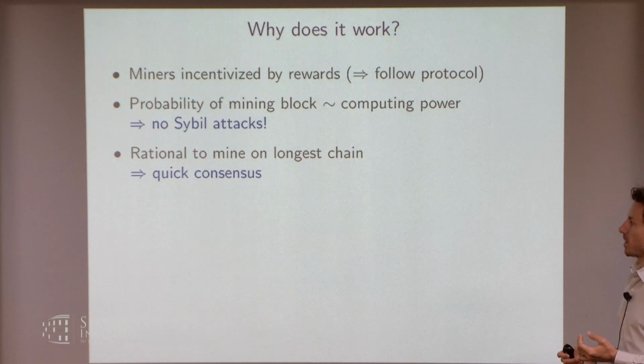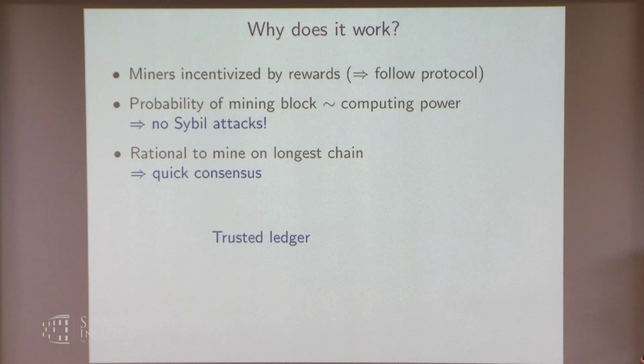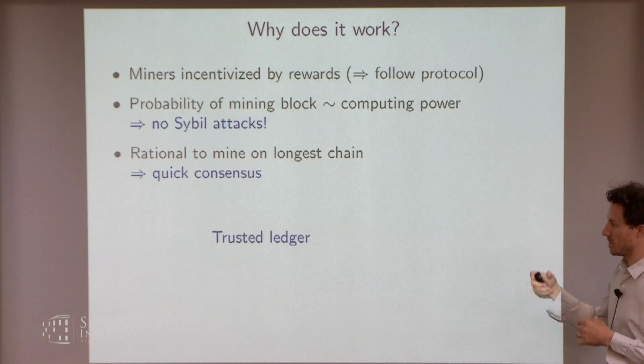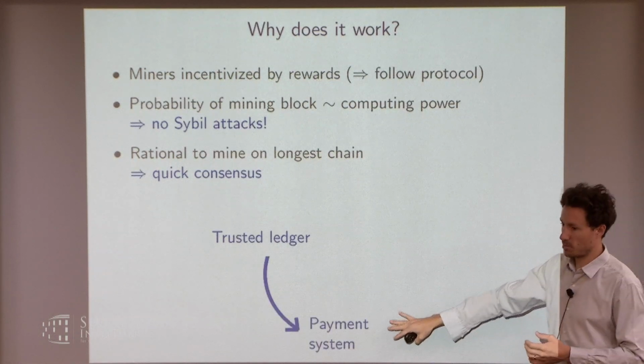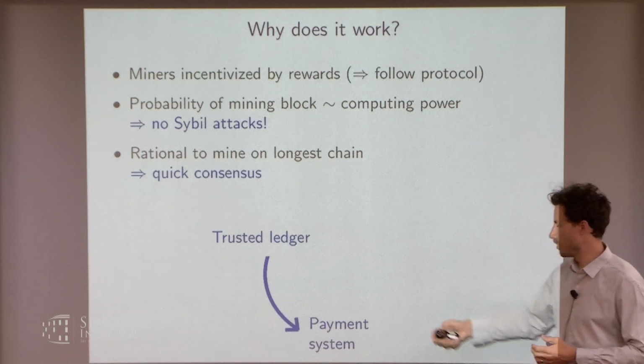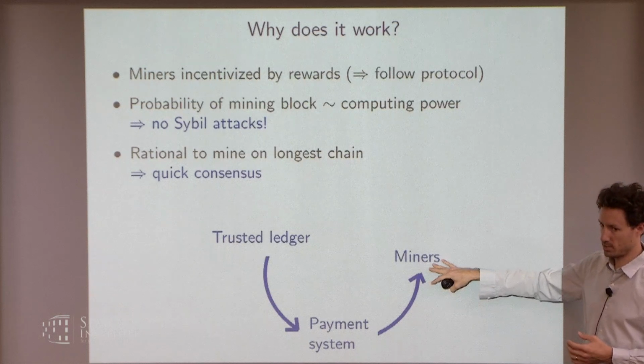And it is rational to mine on the longest chain, since if the majority of people do that, then you get a quick consensus. So basically what we've seen so far was that if we had a trusted ledger, then we could use it to make a payment system. If we have a payment system, we can use it to pay miners.